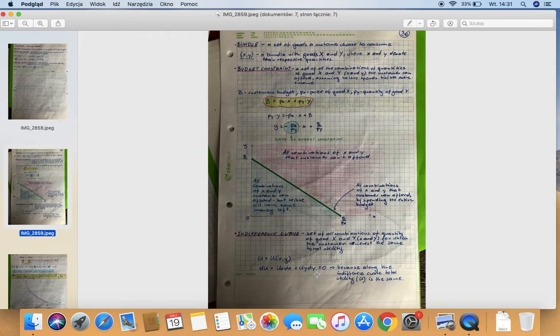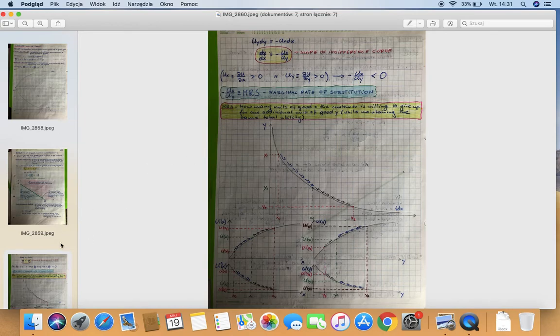Accordingly, dU must remain at 0, which means that the utility you gain from consuming these goods remains at a constant level. And if I take this equation, first put Ux dx on the other side, then divide both sides by dx and Uy, I'm going to receive the slope of the indifference curve.